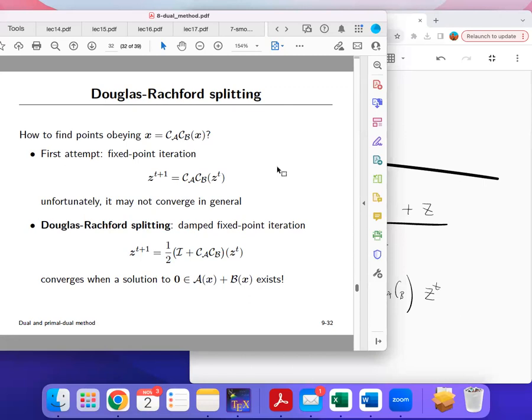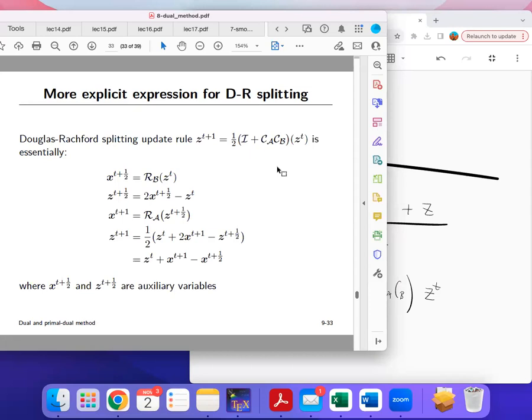It's a very, very important algorithm in the control area and optimization area. And this update rule can be explicitly written in terms of RA and RB, right? Because in this update rule, these two operators are very complicated.